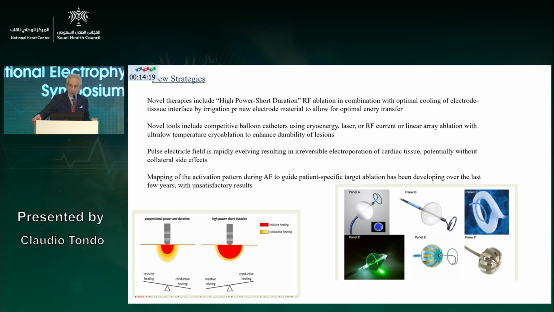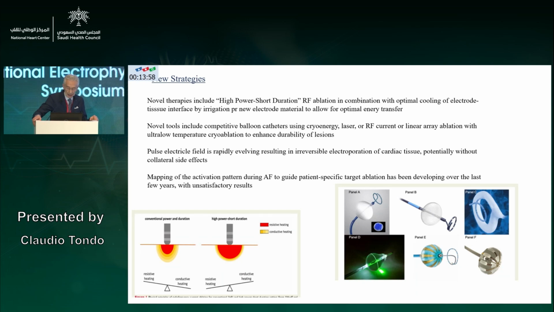Obviously, what we need to do in patients with persistent AFib, or persistent AFib that comes back because they have failed a previous ablation, is this: we have on our shelf different technologies, going from RF to laser to cryo-energy.